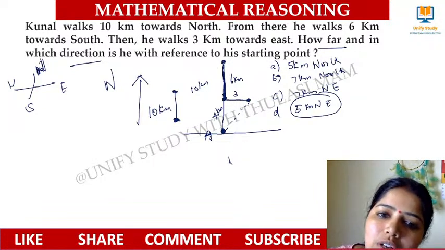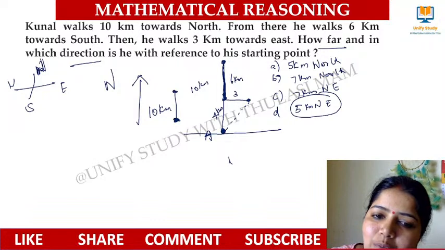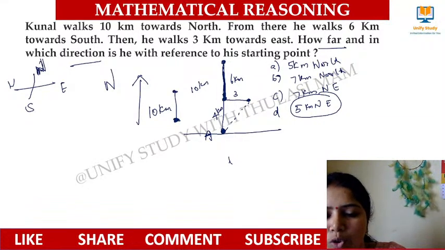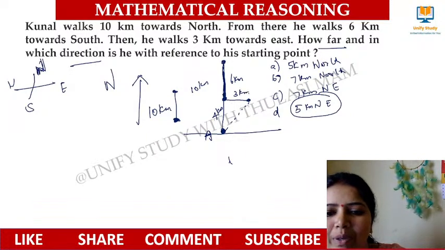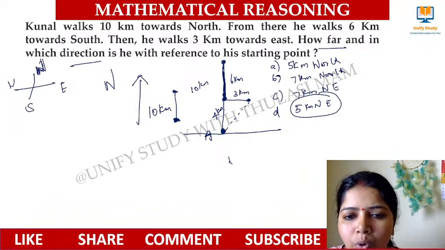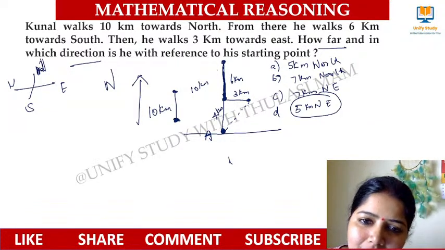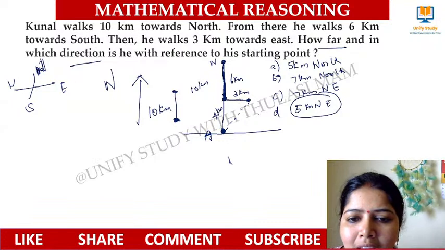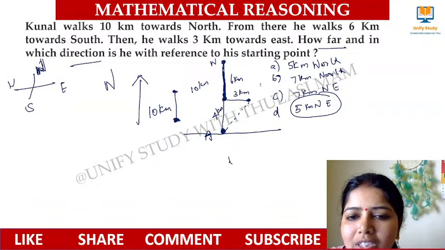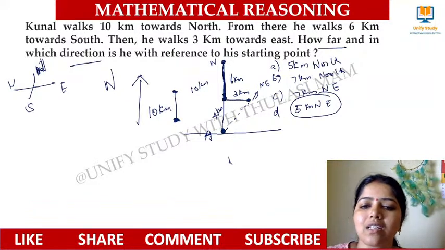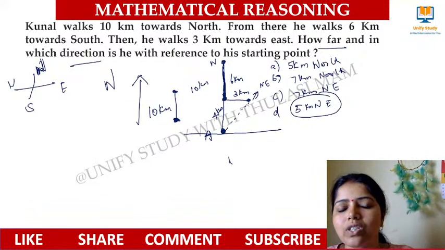So he goes here, comes back here, and here he moves towards east, that is 3 kilometers. Now how far is it from point A to this point? Definitely this is towards north, and this is towards northeast.